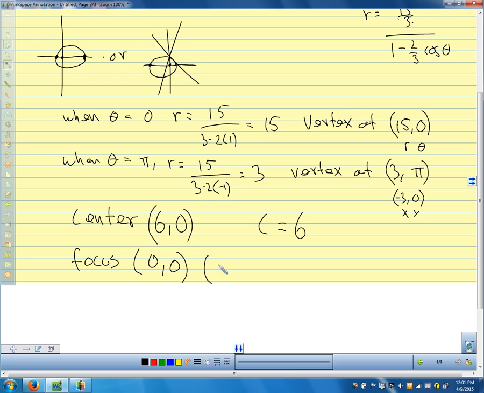The other focus is at 12, 0. It has to be over here, right? That focus is 6 units from the center. So we have the other focus at 12, 0.